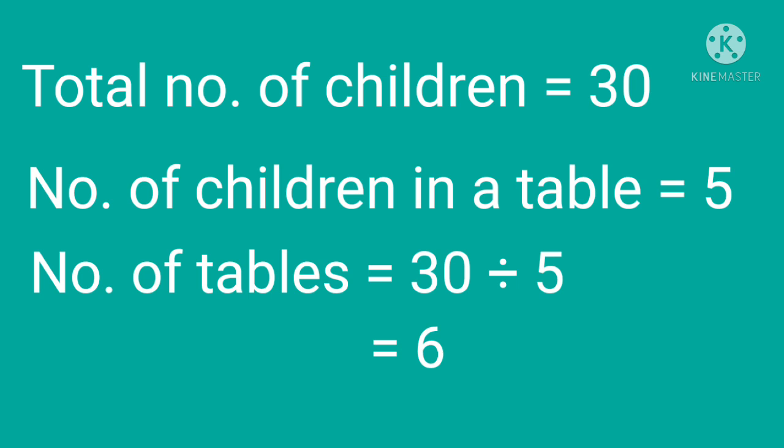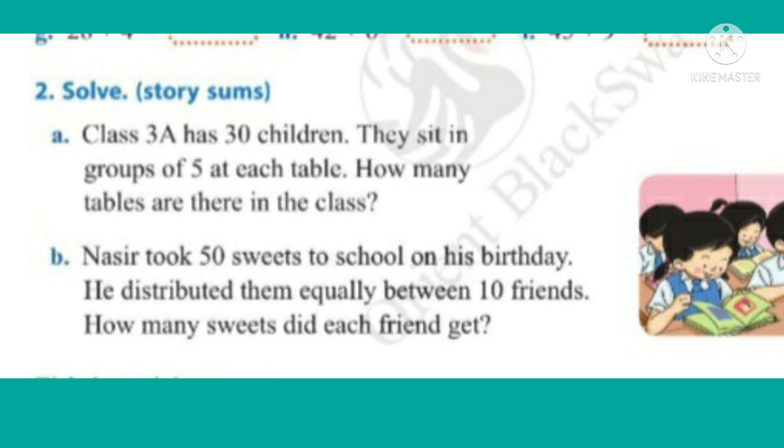Yes, the answer is 6. So, how many tables are there? 6 tables are there. And in each table, how many children are there? 5 children.